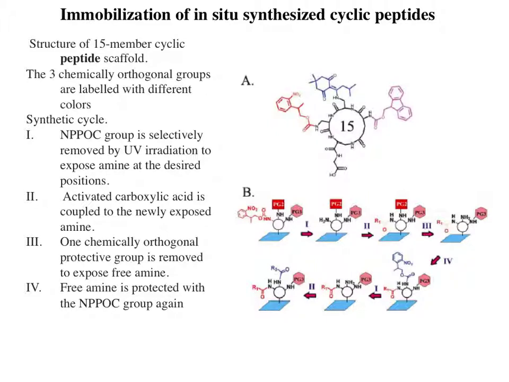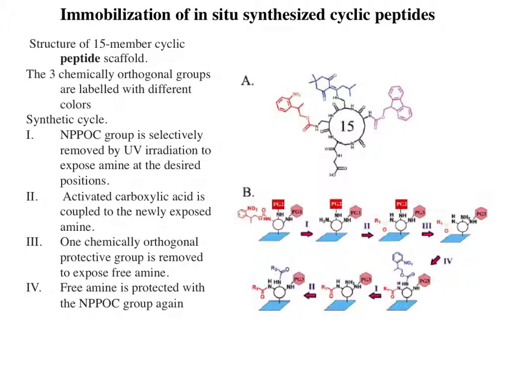While we've been discussing linear peptides, you can also generate libraries of cyclic peptides. As we discussed before, cyclic peptides are important. In cyclic peptides, you can have different types of immobilization strategies. One is to generate your cyclic peptides and then attach them using the previous strategies onto the surface.